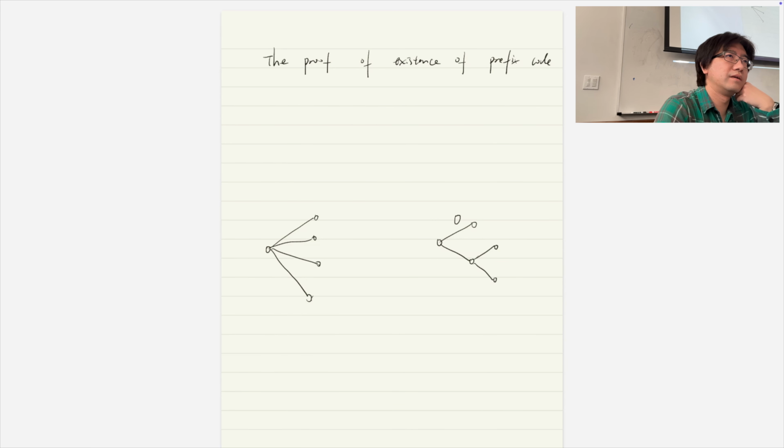How many length 2 codes? 3, because you can't do 4. Because this one is done, right? Now for the length 2 code, we can only have 2 at most. Do you see the problem?